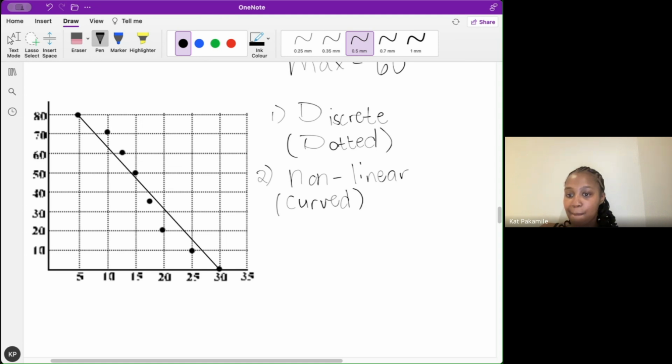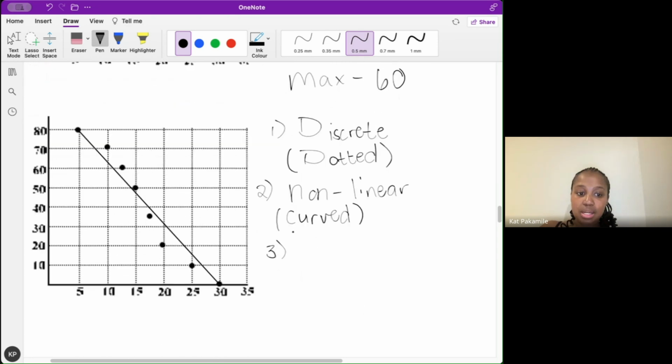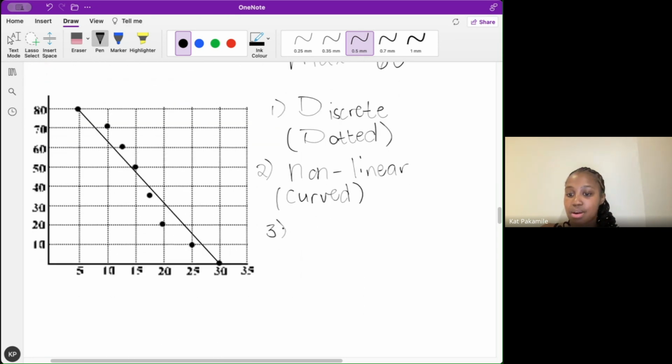Okay. Number 3. Is it increasing or decreasing? All right. Is it increasing or decreasing? This is still a decreasing graph.